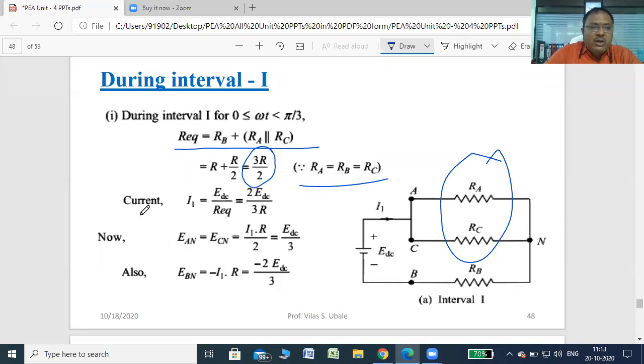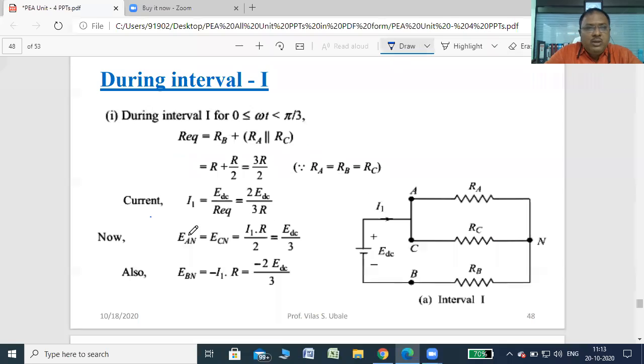Now current I1 equals EDC by R equivalent. This is current I1, EDC by R equivalent, and since R equivalent is 3R by 2, current I1 equals twice EDC by 3R.